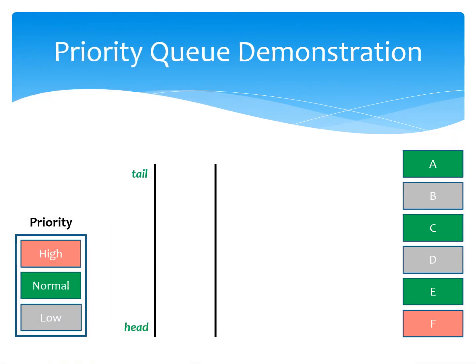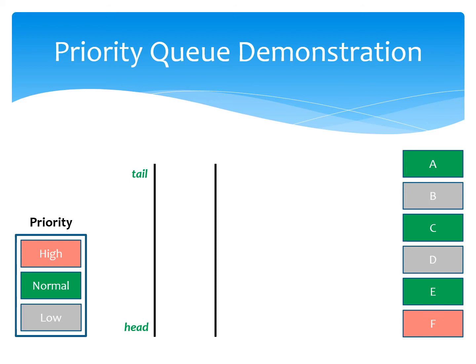Here, we demonstrate an example of priority queue. In this example, we assume that there are 3 priority levels, including high, as shown in red, normal, as shown in green, and low, as shown in gray.